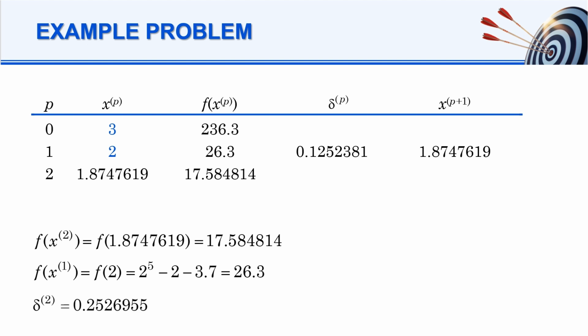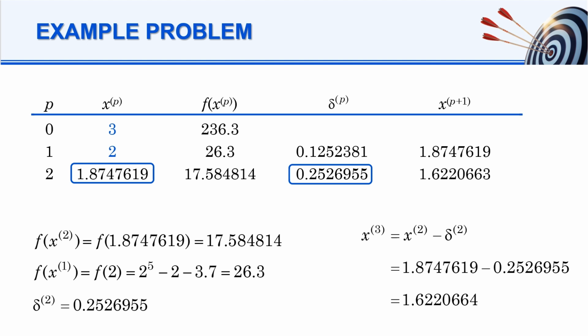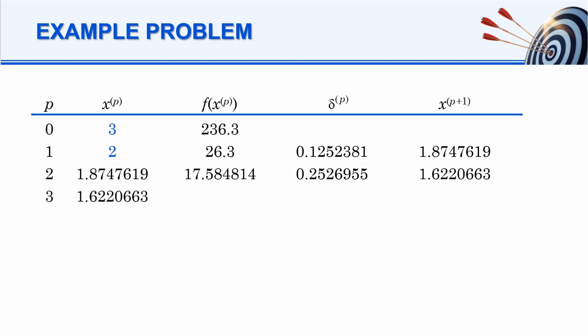Next, we calculate delta to be 0.2526955. Using x2 along with this value, we estimate x3 as follows, which yields 1.622664. Repeating this procedure successively yields a sequence of estimates x4, x5, and so on.